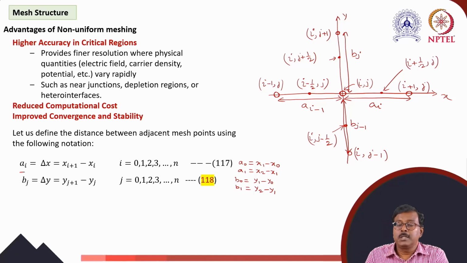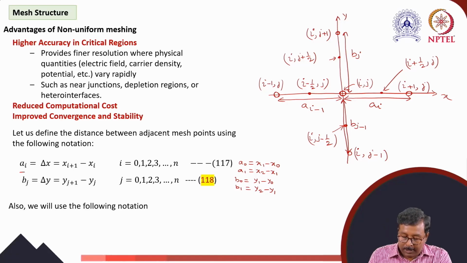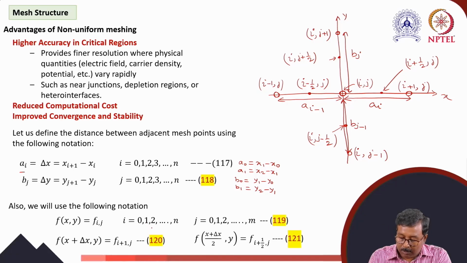So these notations will be used for the discussion and solution. Also, fxy will be fij. This point, ij means xy point. i and j will vary, i will vary from 0 to n, j will vary from 0 to m, because maybe different grid points or mesh points along the x-axis and y-axis.